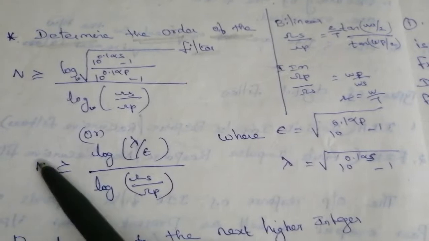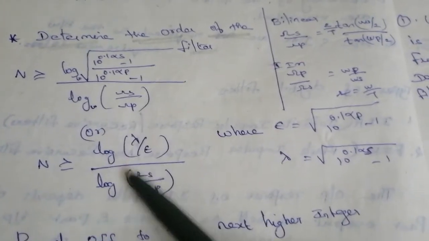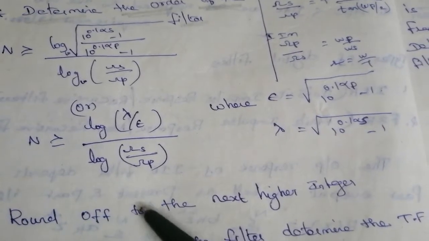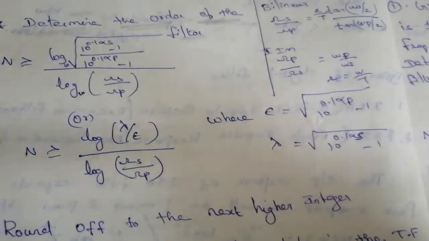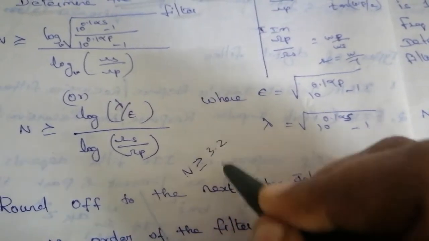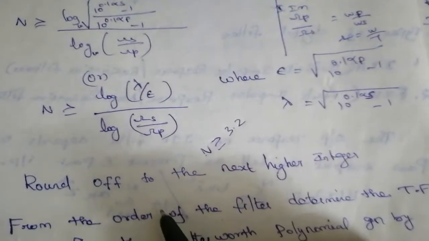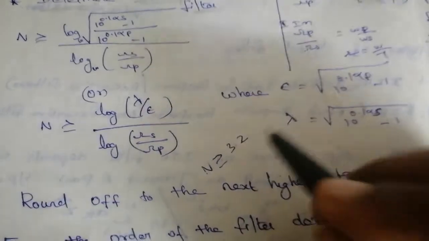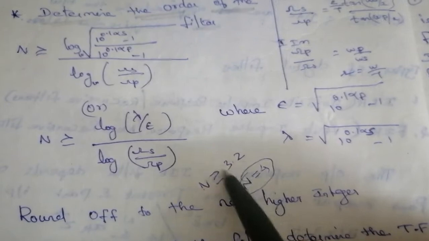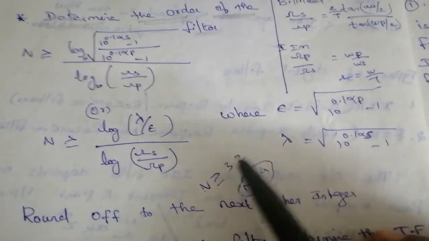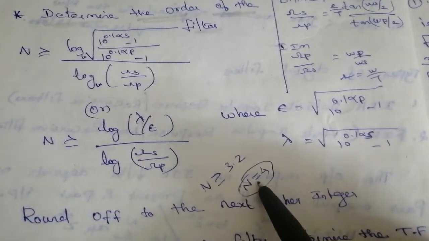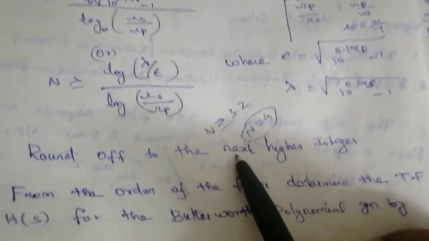For example, if n is greater than or equal to 3.2 in the second step, then in the third step we round off to the next higher integer, so we take n equal to 4. So this value is rounded off to the next higher integer, that is 3.2, the next integer is 4. So we have to take n equal to 4, right? This is the third step.